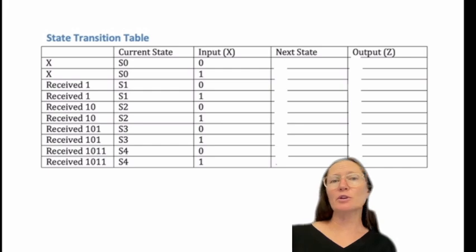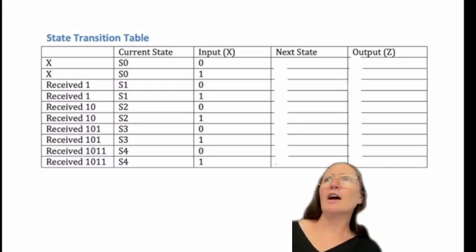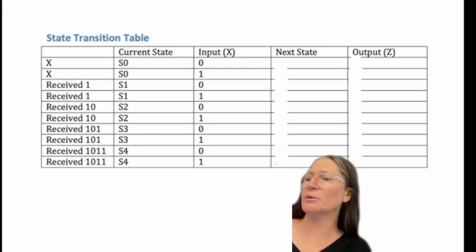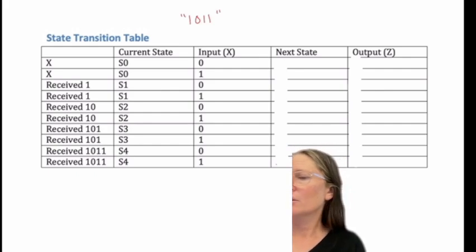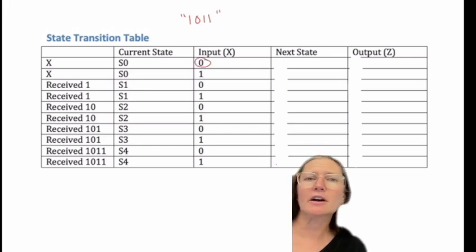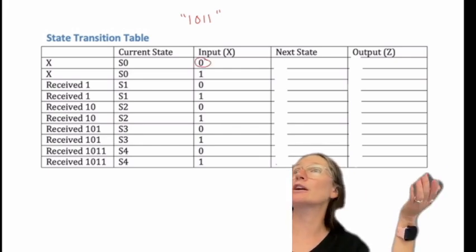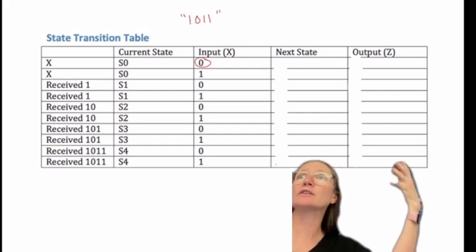If I have a 0, that means I need to wait until I have a 1, because my sequence again is 1, 0, 1, 1. So this means I haven't started it yet, right? It's going to wait and wait and wait till I get a 1.